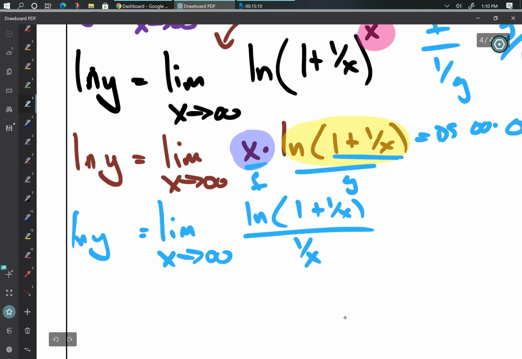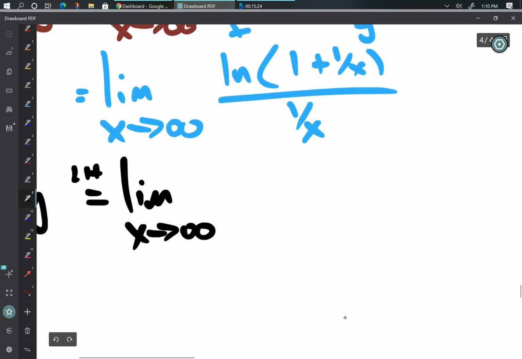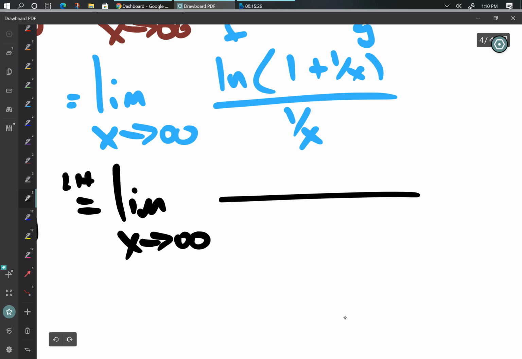So now I can apply L'Hopital's rule. So the natural log of y by L'Hopital's rule is going to be equal to the limit as x approaches infinity of, oh geez, I have to take a derivative of the numerator and a derivative of the denominator. Well, I'll do the denominator first because it's easier. Now I'll take the derivative of the numerator.